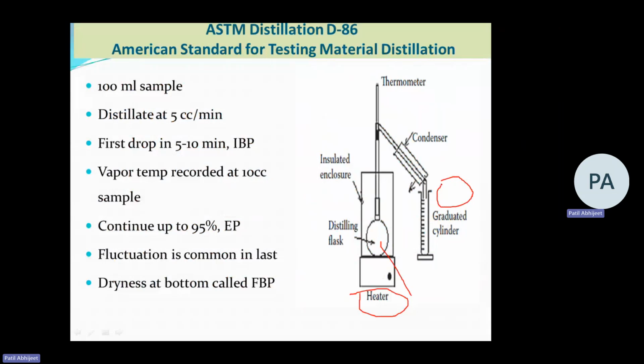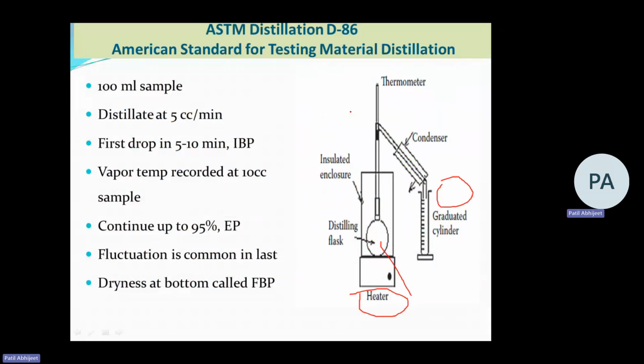In this case dryness occurs because a larger quantity of the liquid is vaporized at the surface. So if the temperature reaches the boiling point, better separation of the liquid mixture is possible. So this was about the American standard, that is ASTM distillation, for that particular process.